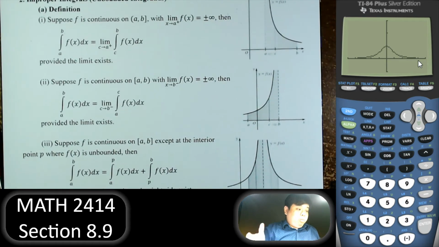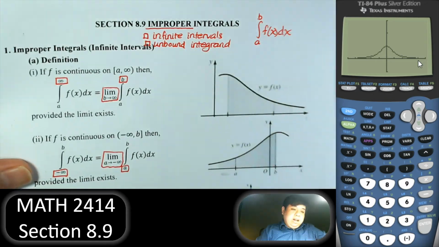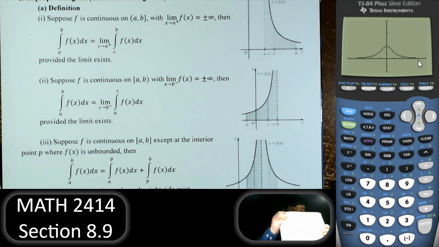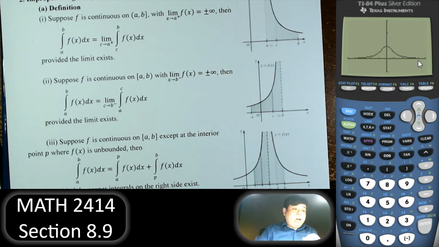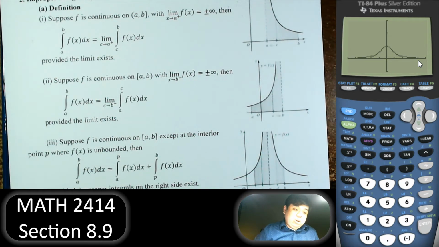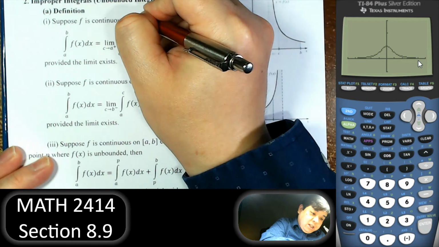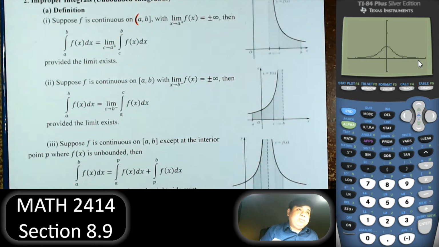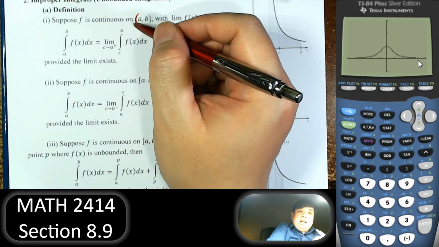Now we've covered the first part of it. The first part of the improper integral is where we have the infinite interval, so the limit is infinity or negative infinity. Now, what we see here is, suppose the function is continuous. What changes here is that the function f of x at a is undefined.